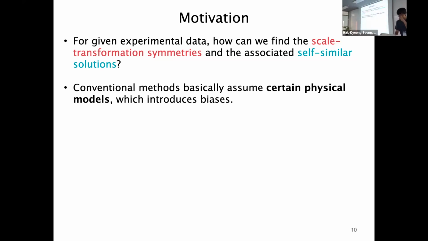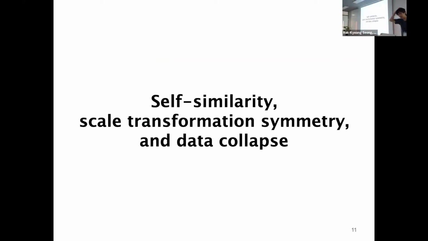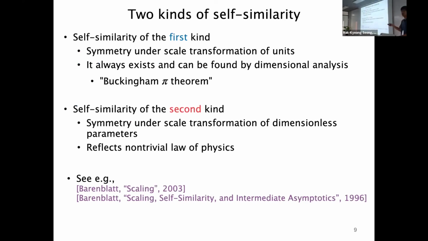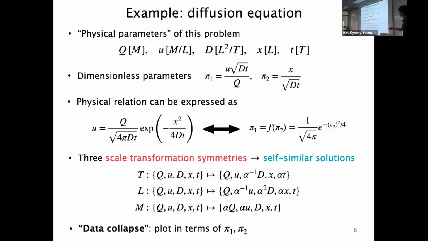So then let me move on to the next section. And I'm going to detail more on the ideas such as self-similarity or scale transformation symmetry or the associated data collapse. So the self-similarity of the first kind is self-similarity generated by the scale transformation of units.